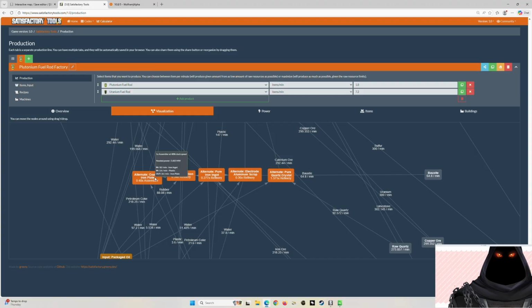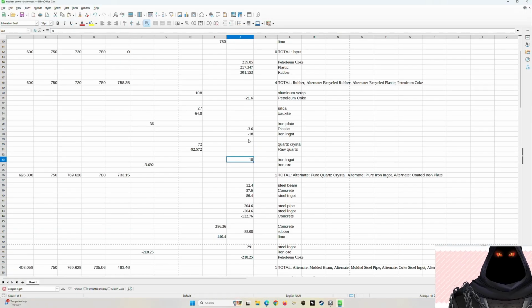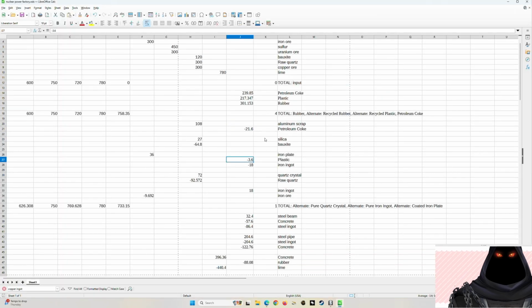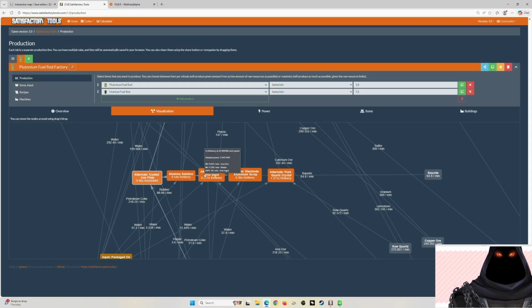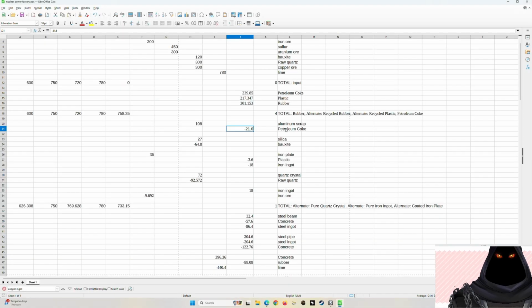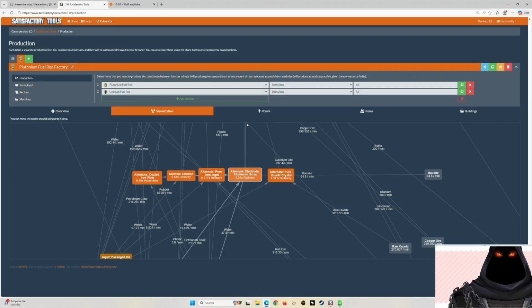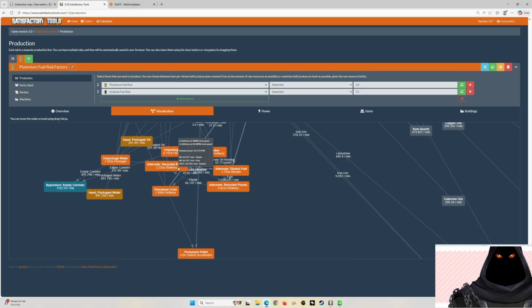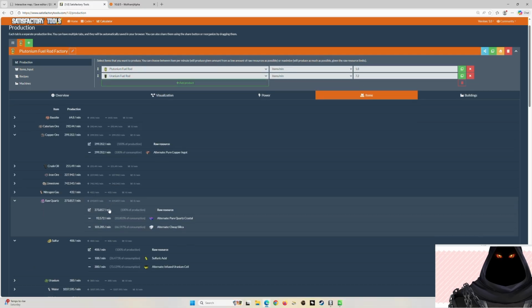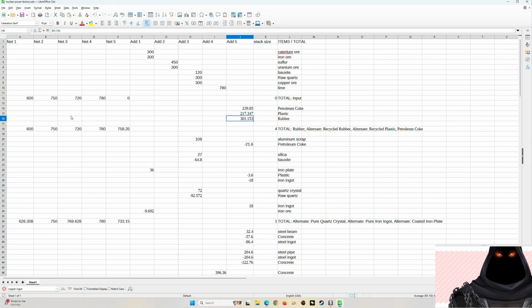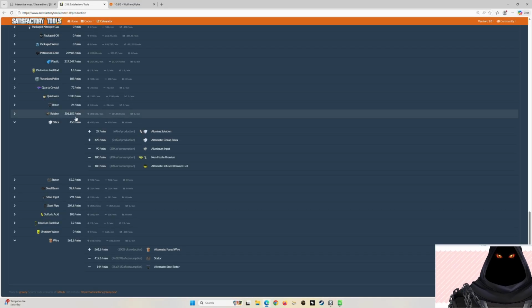Iron ingot. Plastic is petroleum coke is 6. Okay, and then rubber is here one. Plastic.